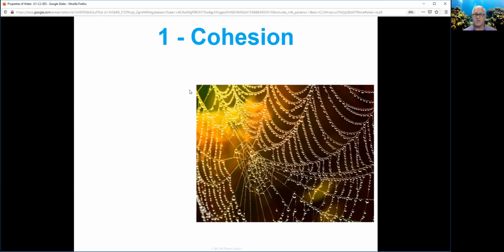Let's talk about cohesion. This is a spider web. If you've ever seen a spider web early in the morning, as the moisture in the air forms, it hangs onto those little tiny threads of the spider web. And cohesion means together.